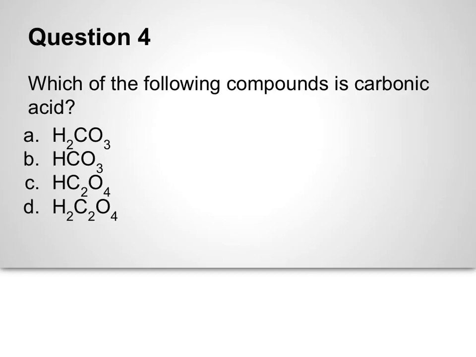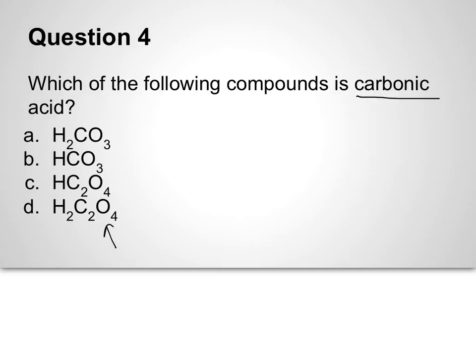Which of the following compounds is carbonic acid? Okay, so acids are compounds that have hydrogen as the first part of the compound, and then in this case where we're talking about an acid, all of these have oxygen. So these are polyatomic ions that all have oxygen in them. So we need to go back and figure out which polyatomic ion would end up being named carbonic.